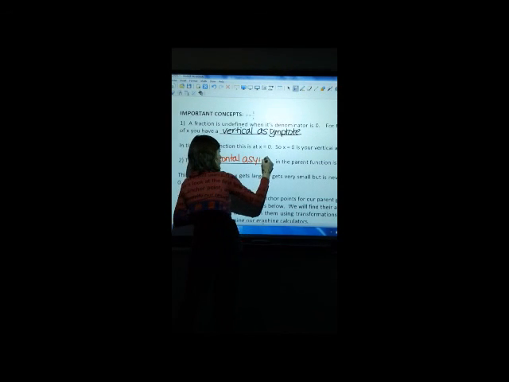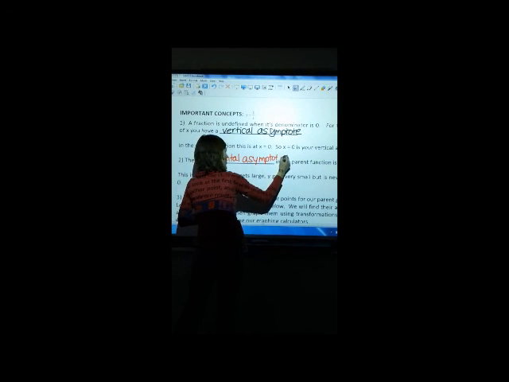In the parent function, this is at x equals 0, so x equals 0 is your vertical asymptote. Okay, the horizontal asymptote in the parent function is y equals 0.